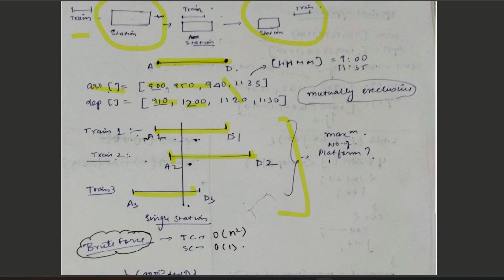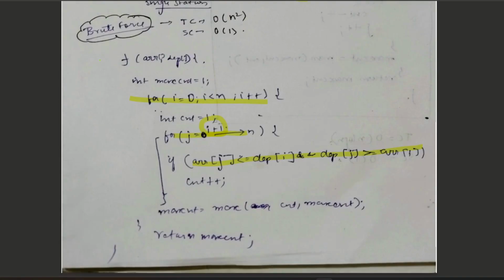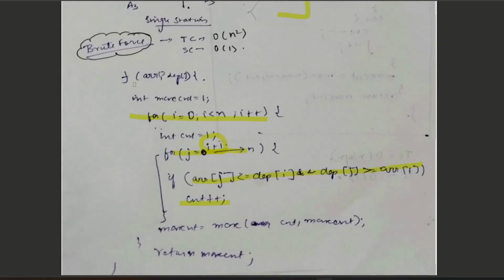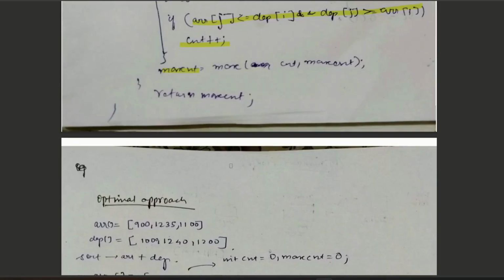That means we compare the arrival time and the departure time of the alternate trains. And if it coincides, then we do count plus plus, and we initialize two integer variables, max count and count. So max count gives the maximum value of count, or the maximum number of trains at a particular moment.